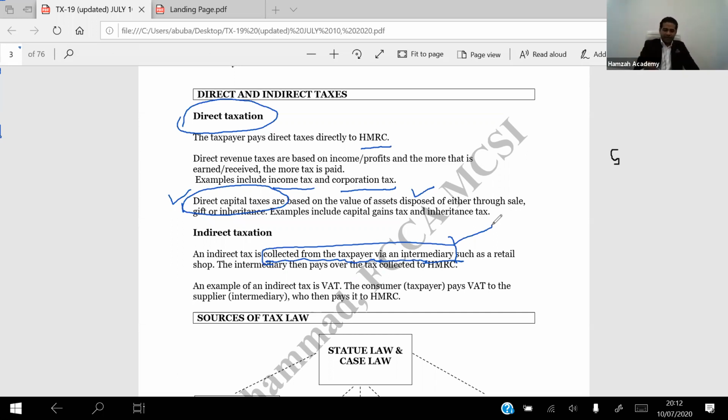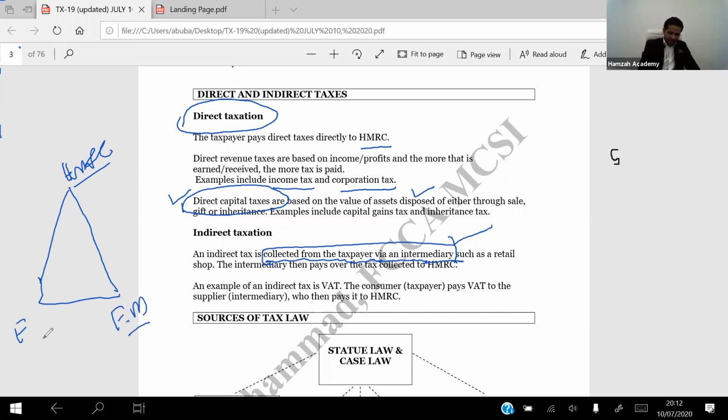So if we make a triangle out of it, in the indirect taxes, this is HMRC. I'm sorry, my handwriting is something like this. And this is Mr. F, the farmer, and the flour mill guy. When he sells anything of value 100, he will be charging 15 as tax.